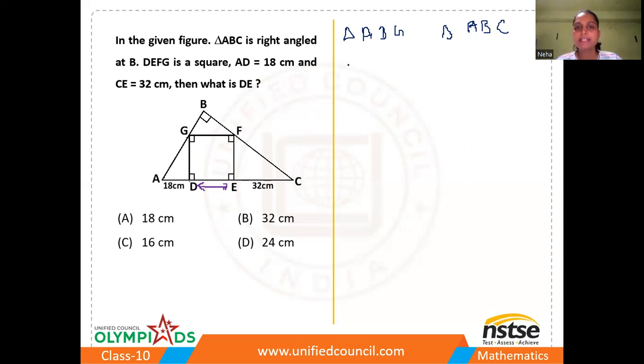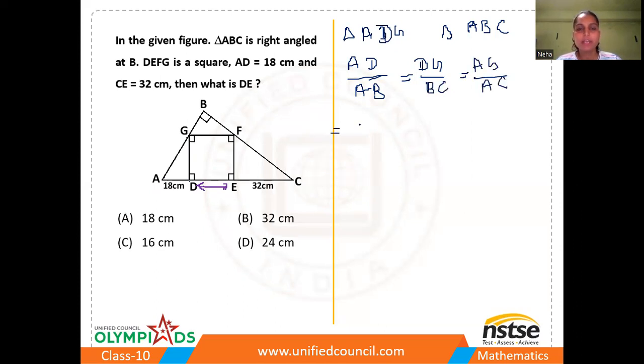So I can say that for ADG, AD over AB is equal to DG over BC is equal to AG over AC.